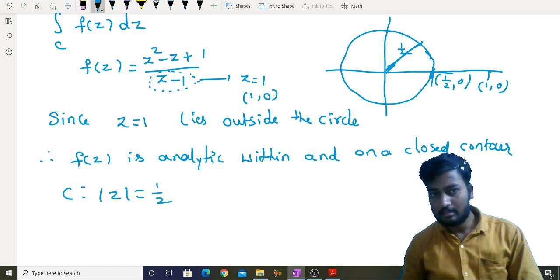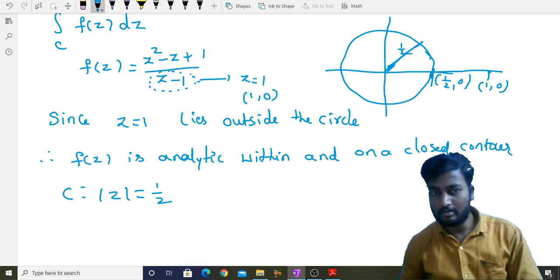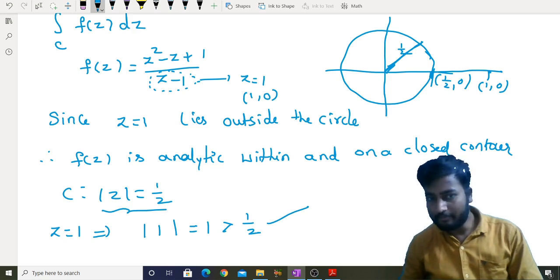You can verify that by substituting z equal to 1. If you substitute z equal to 1 in mod z, you get modulus of 1, which is 1. So 1 is greater than 1 by 2. Greater than 1 by 2 means the point lies outside. If it is less than 1 by 2, the point lies inside.